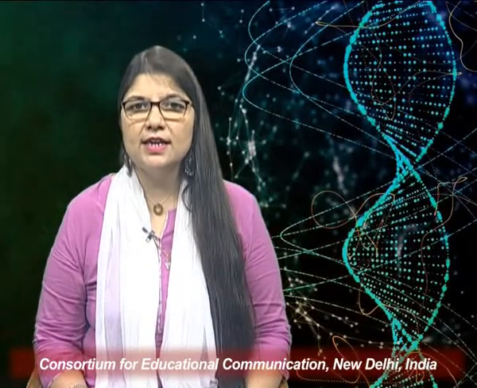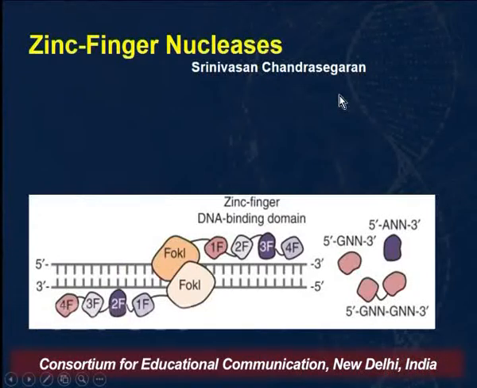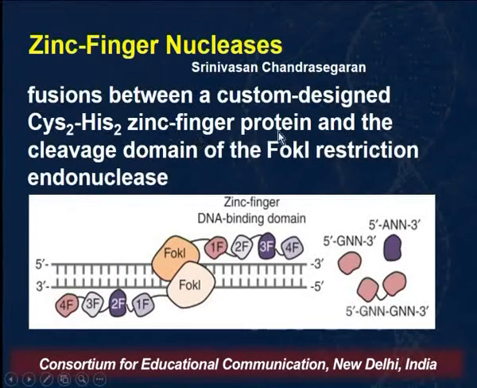Looking at the zinc finger nucleases, discovered by Srinivasan Chandrasegaran, these are basically fusions between a custom-designed Cys2His2 zinc finger protein and the cleavage domain of the FokI restriction endonuclease. The Cys2His2 zinc finger proteins are the DNA binding domains, and at least 3 of these zinc finger molecules are attached together to give rise to the zinc finger binding domain.